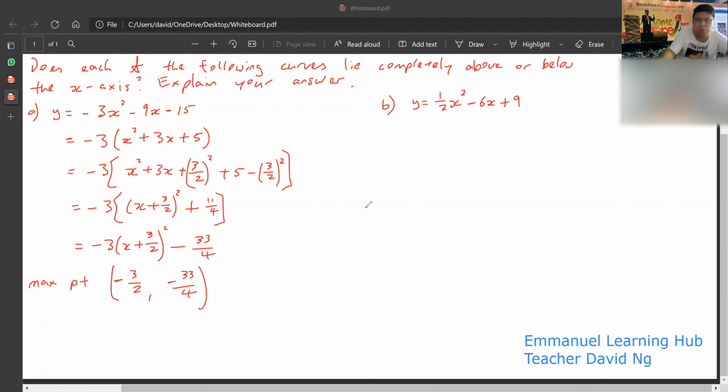Does this curve lie completely above or below?